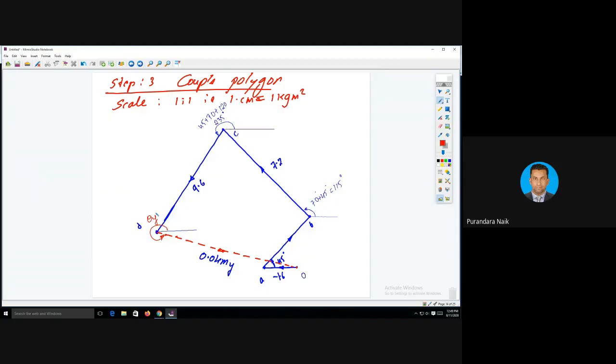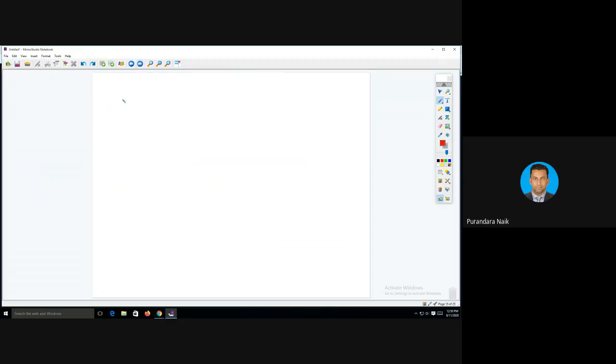Okay. Now the calculation part. One mass you can calculate. See here. Calculation: 0.04 my is equal to length of OD into scale.